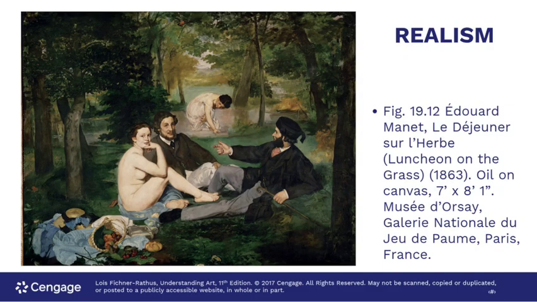And of course, critics and public were not fans. They found it to be a little abrasive. And one of his most shocking paintings is the one that we are looking at, Le Déjeuner sur l'herbe, which is Luncheon on the Grass. And this is a pivotal work.